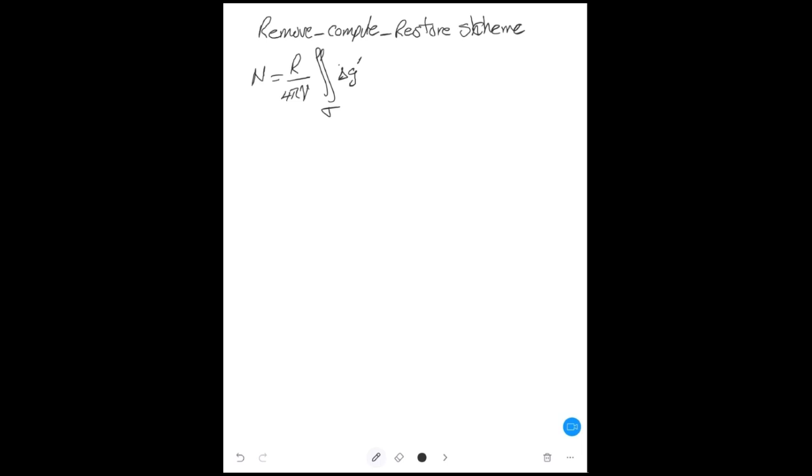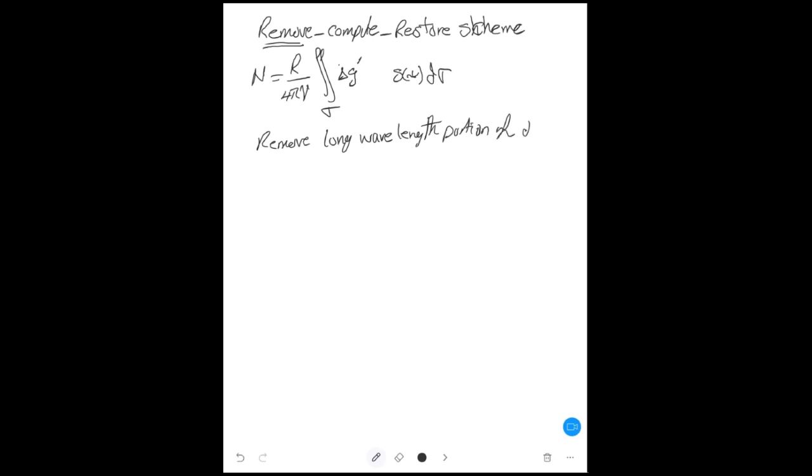We write the Stokes integral again: N equals R over 4 pi gamma, integral over delta g prime. I will give some distance here, we'll explain later. The Stokes function multiplied by sigma. So the simplification.